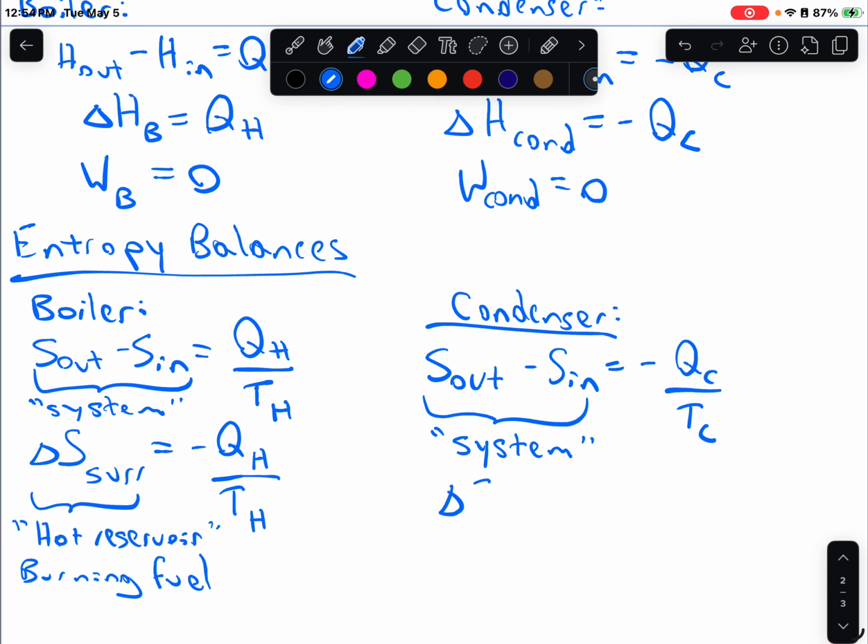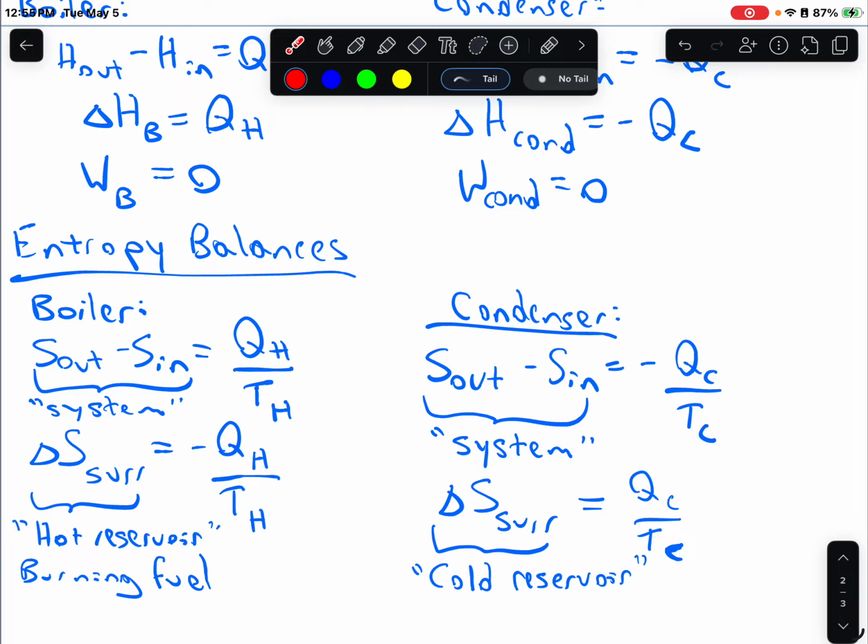And the delta S of the surroundings, which is the cold reservoir, wherever you're rejecting the heat, maybe the atmosphere, is going to be equal and opposite. In this case, the cold reservoir is going to gain entropy because of the heat transfer.